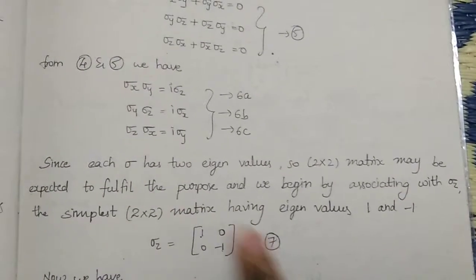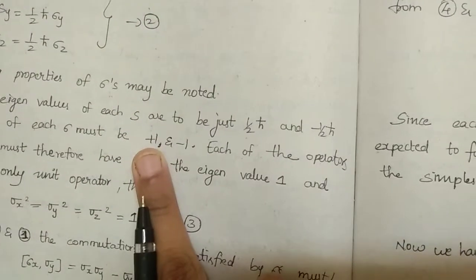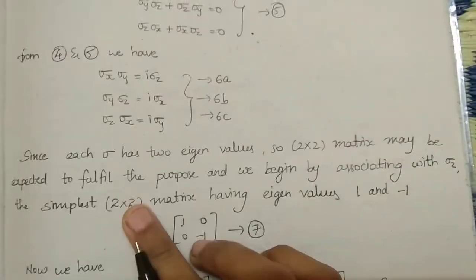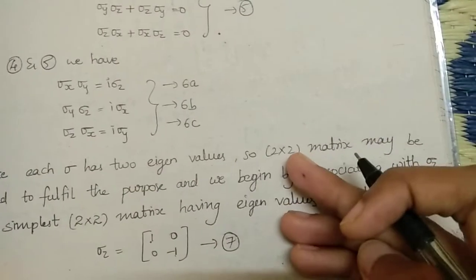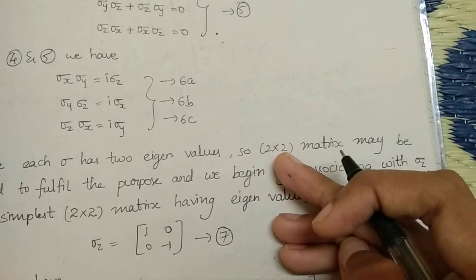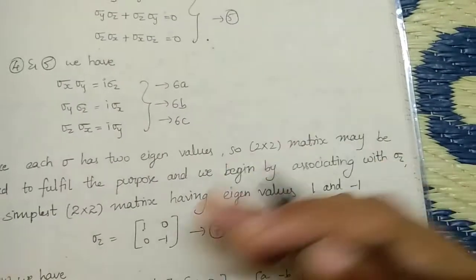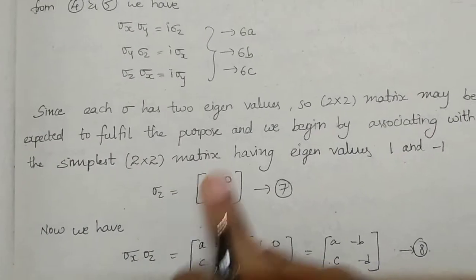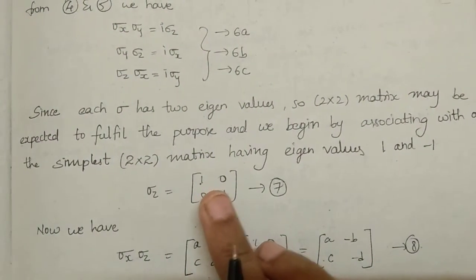We have already seen that sigmas must have eigenvalues +1 or -1, so they have 2 eigenvalues. For 2 eigenvalues, a 2 by 2 matrix is sufficient. If there are 3, we have to take a 3 by 3 matrix, 4 means a 4 by 4 matrix. Since only 2 eigenvalues, we can start with a 2 by 2 matrix.